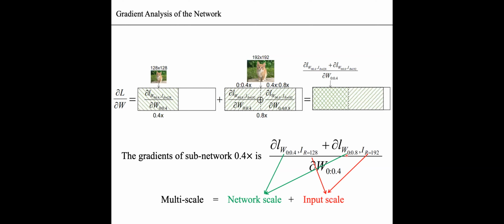As you can see, the knowledge from different subnetworks and different resolutions is all shared among these subnetworks because of the weight sharing mechanism. If we add more subnetworks, we add more terms here, the gradient coming from other subnetworks and other resolutions. For the resolution, if we have a fixed kernel size, with a smaller image size and the same kernel size, you are able to see wider context, so that your network is able to learn this kind of multi-scale representation.